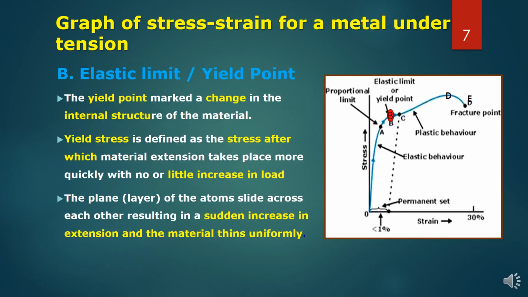Yield stress is defined as the stress after which material extension takes place more quickly with no or little increase in load. The planes of atoms slide across each other, resulting in a sudden increase in extension, and the material extends uniformly.